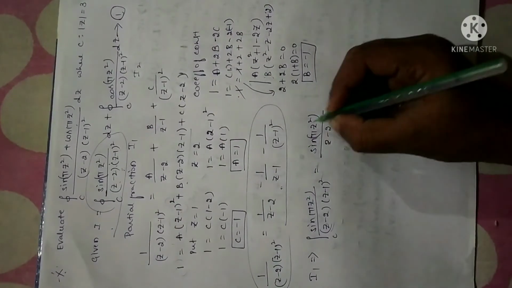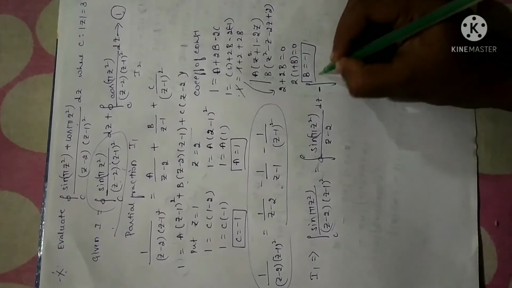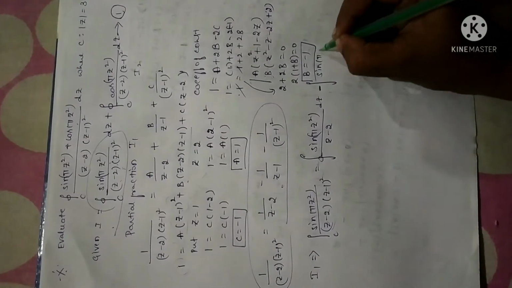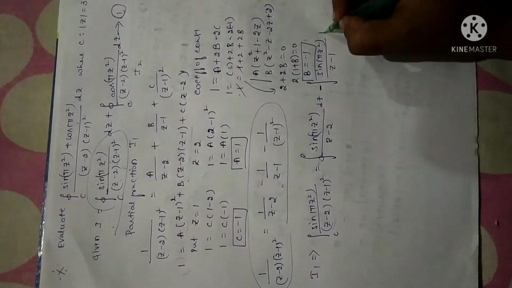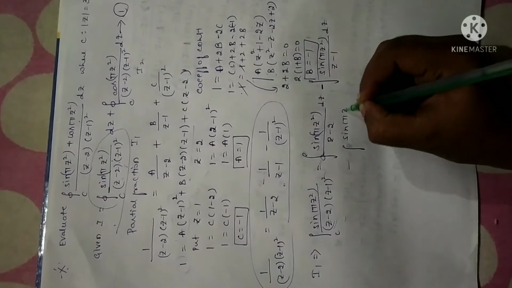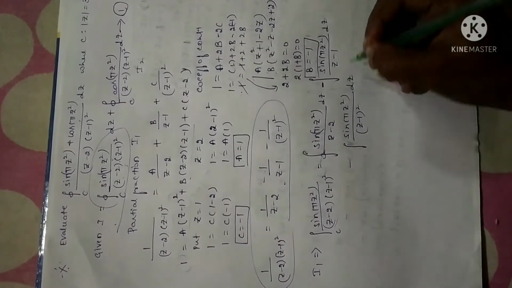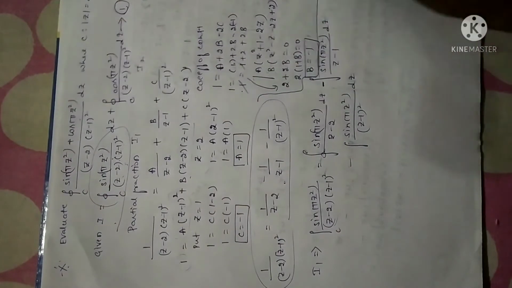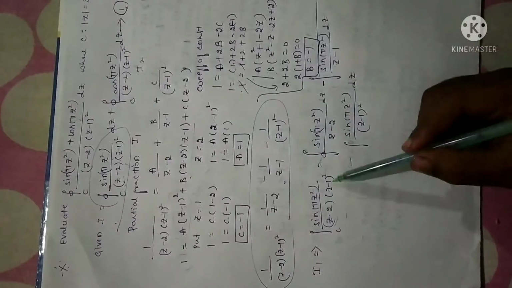So I can write this as the integral of sine pi z square over z minus 2 dz, minus sine pi z square divided by z minus 1 dz, minus sine pi z square divided by (z minus 1) whole square dz. Fine. What I have done is split the denominator of the first integral.